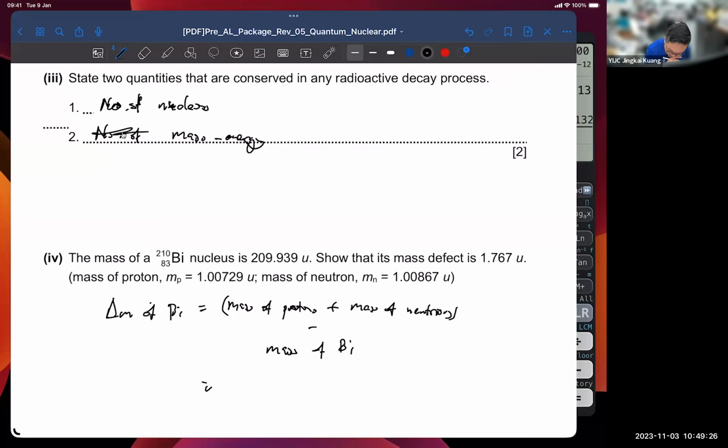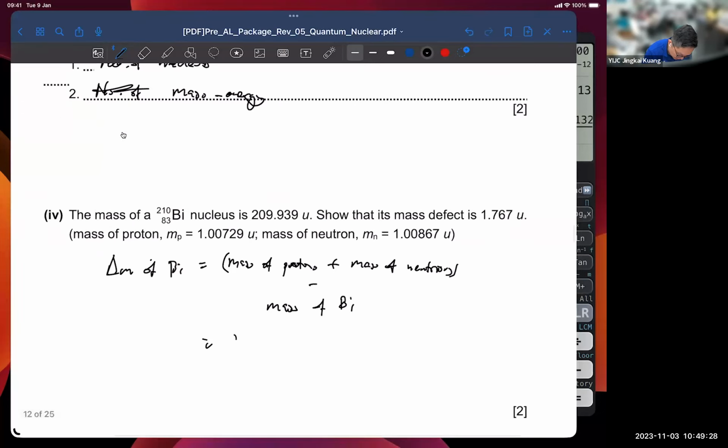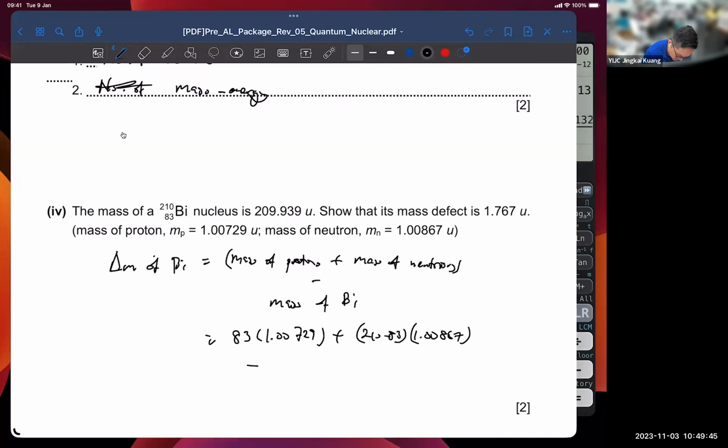So bismuth has 83 protons, right? So 83 times 1.00729 plus 210 minus 83, number of neutrons, times 1.00867 minus away mass of bismuth, 209.939.